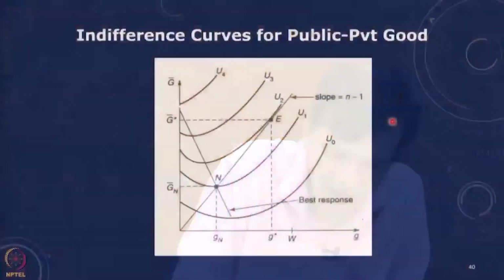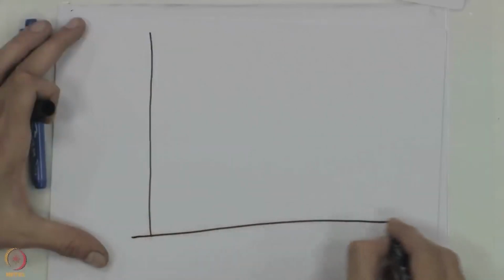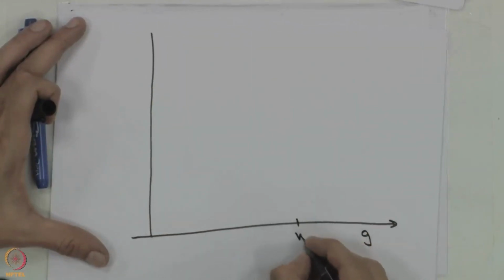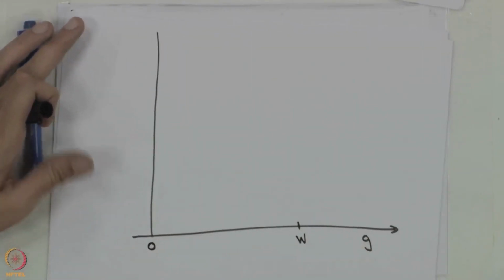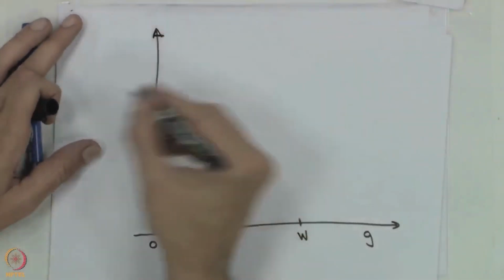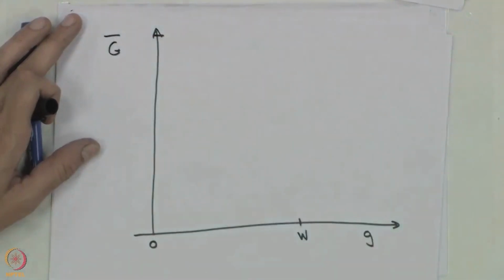You can see this plot, this is from Kolstad. On the x axis, we can see the amount which we are investing, and this will go from 0 to W on the public good, and on this side the amount which the rest of society is investing in the public good.